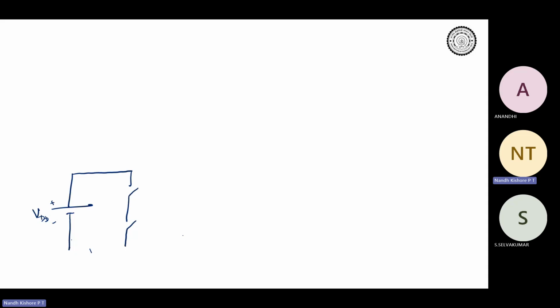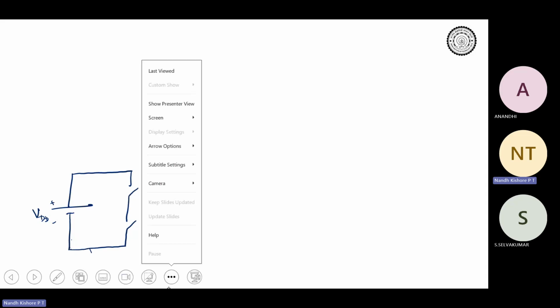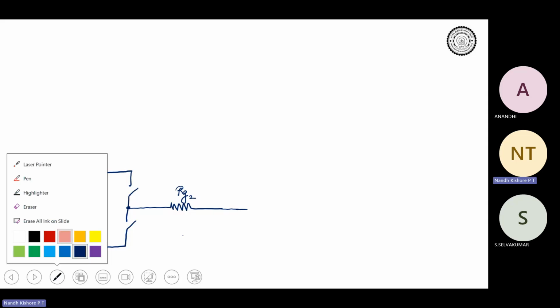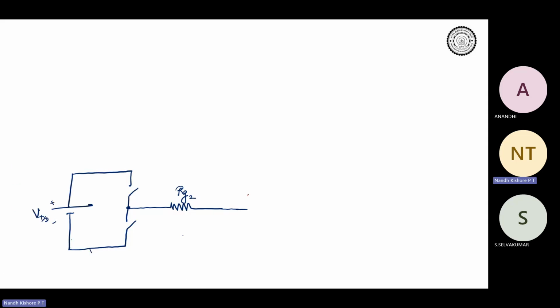I am drawing the CMOS arrangement with these kinds of generic switches. And from here, you can understand that you will give to the RG for the bottom device. Let me call it RG2, and then you will give it to the power side.